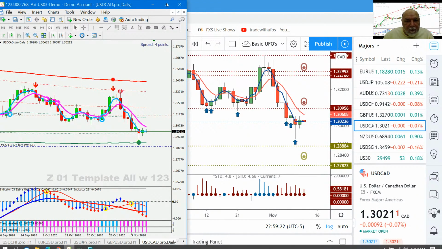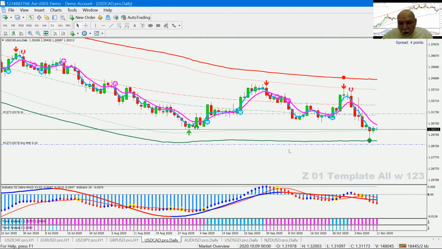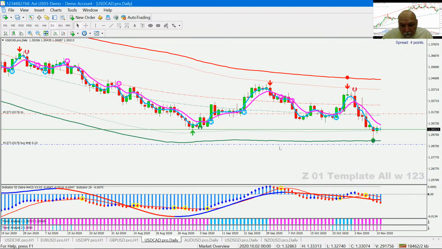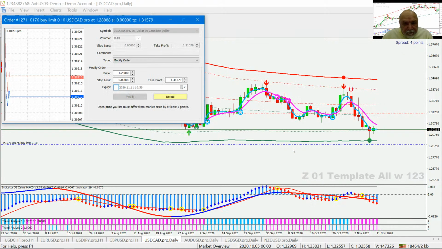Open this up. Modify this. Stop loss. 1.27825, I think that was it.